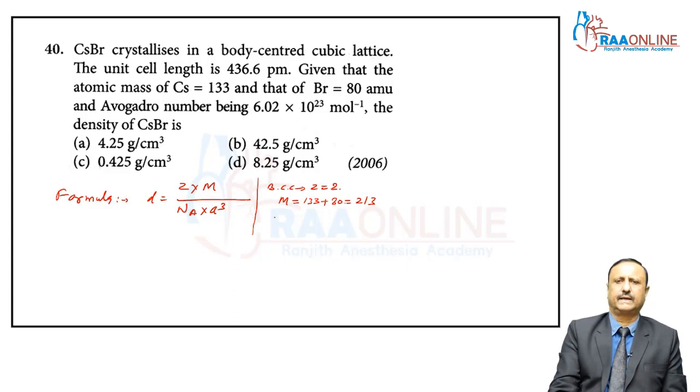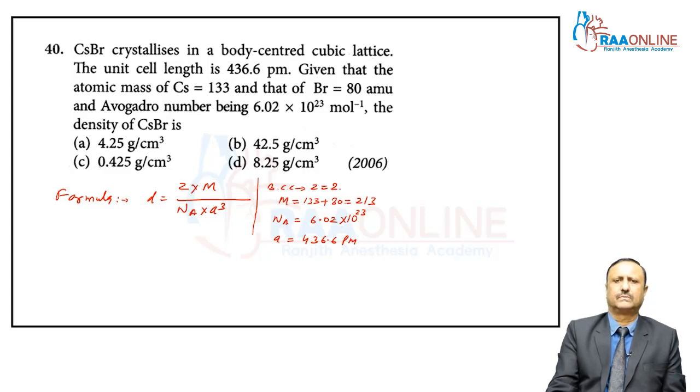Now we can see Na. Na is also given in the numerical, that is 6.02 into 10 to the power 23. Now we can see a. A is also given to you, that is 436.6 picometer.